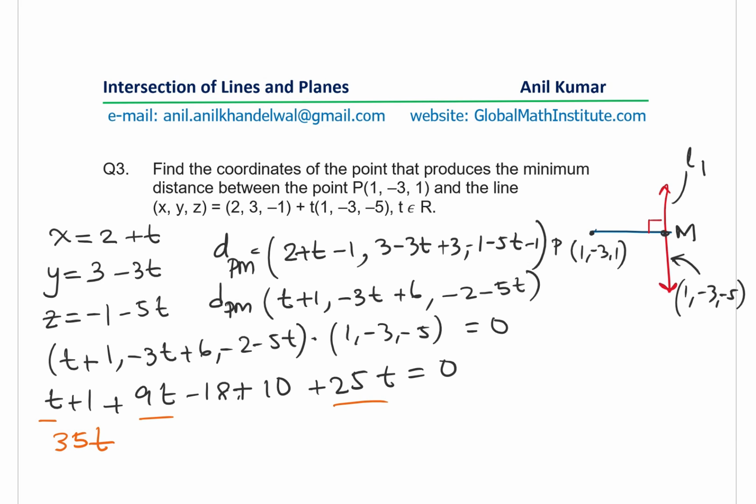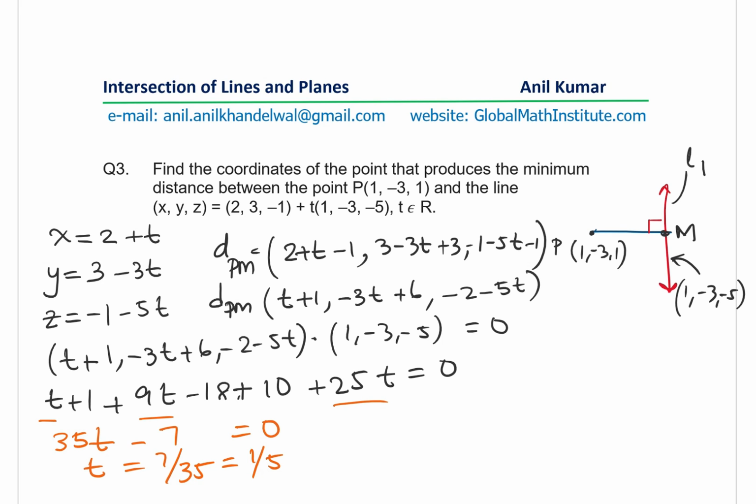And the constants: 1, 18 and 10 add up to 29. When we take away 11 from here, we get 7, minus 70 equals 0. It's not 70, but a constant 7, correct. So that gives you that the t value is basically 7 by 35, or 1 over 5. So that is the value of t in this particular case, correct?